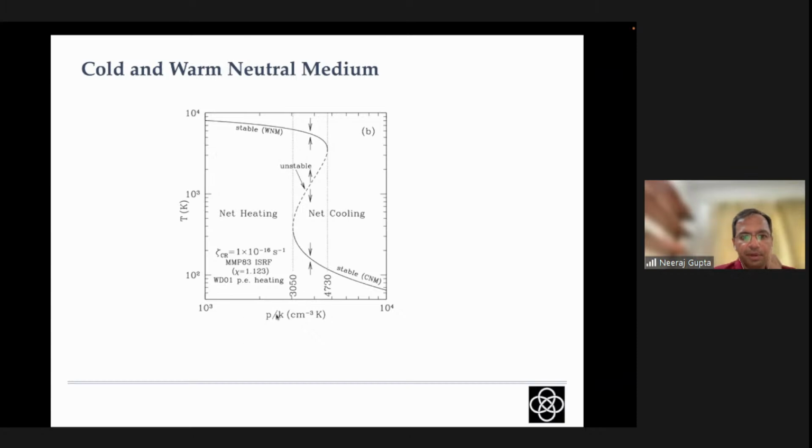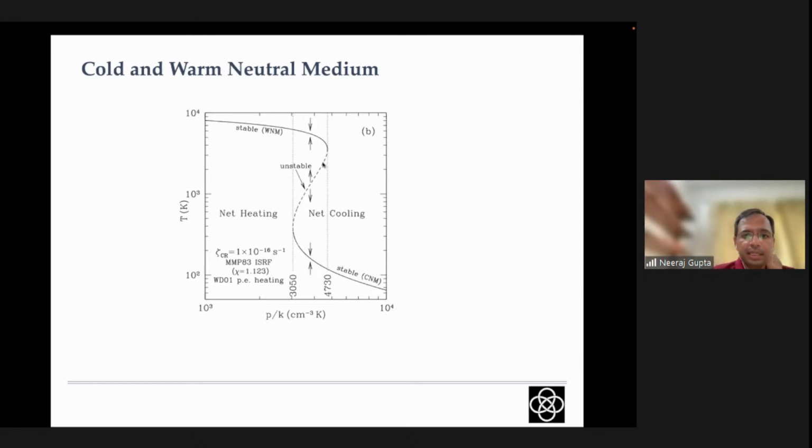The X-axis is pressure, T is the temperature. There is a range of pressures where warm neutral medium exists in a stable phase. There is another set of pressures where the cold neutral medium is stable.